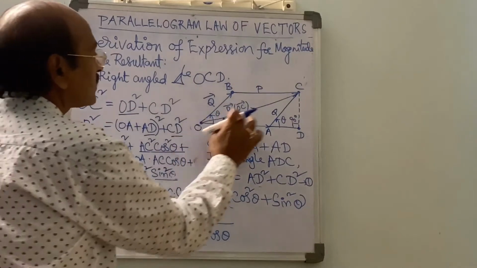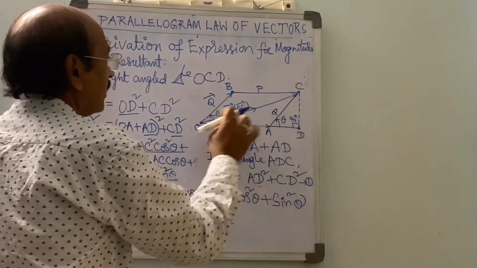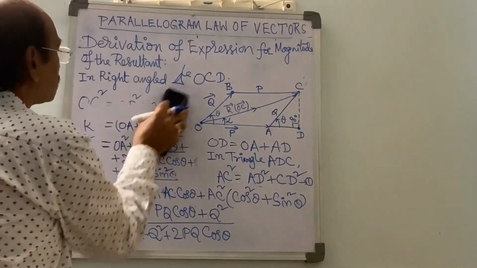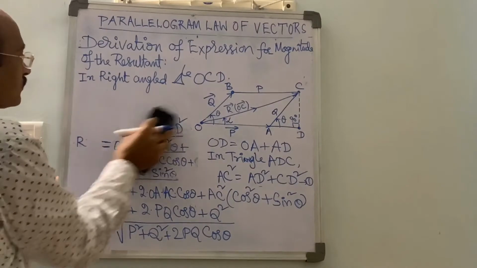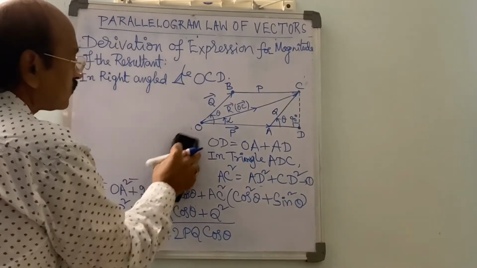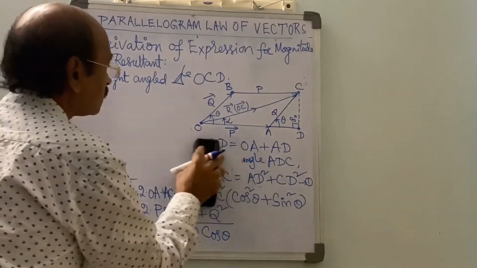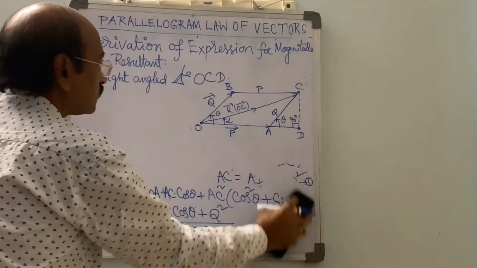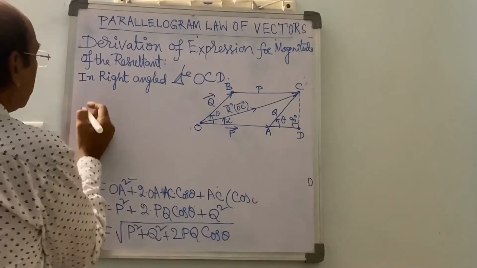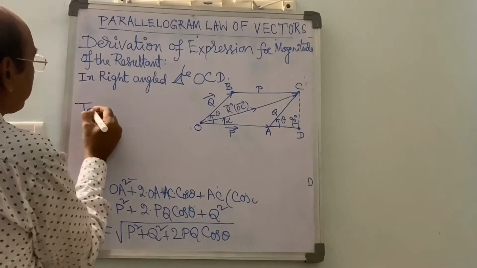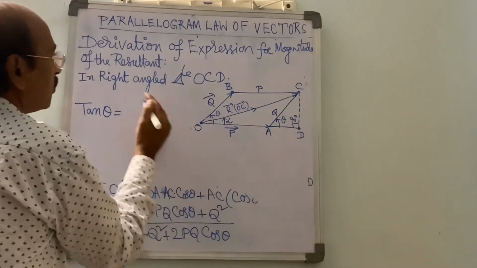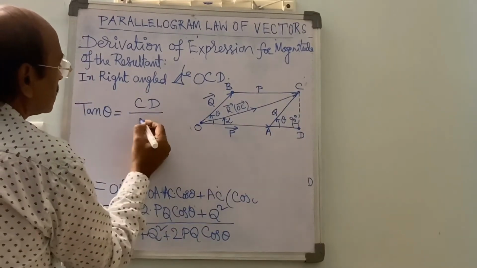When we consider this large right angle triangle ODC, tan theta is equal to opposite side CD by adjacent side OD.